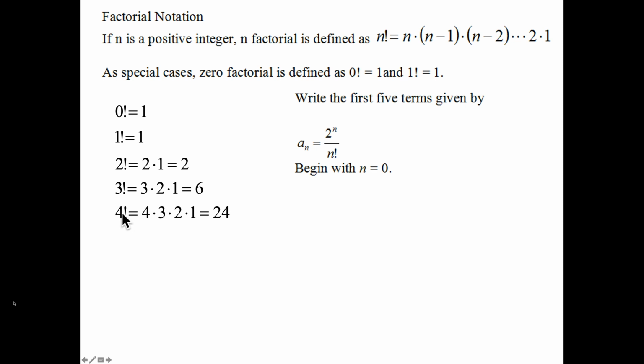So when I have 4 factorial, you can take the answer you had in 3 factorial, which is 6, 3, 2, 1, 3, 2, 1, and multiply it by the 4, 24. So 5 factorial will be 24 times 5, which is 120. 6 factorial will be 6 times 120. That's 720.